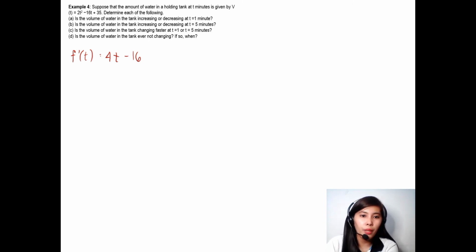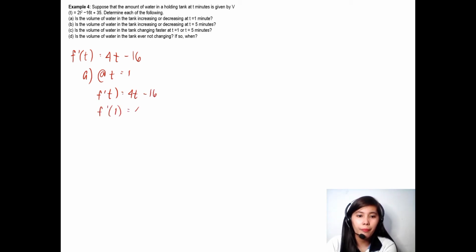Now, if we test, for example, in letter A, is the volume of water in the tank increasing or decreasing at t is equal to 1 minute? We'll just have to substitute 1 in t. So f prime of t is equal to 4t minus 16, so f prime of 1 is equal to 4 times 1 minus 16, and this will be equal to negative 12.